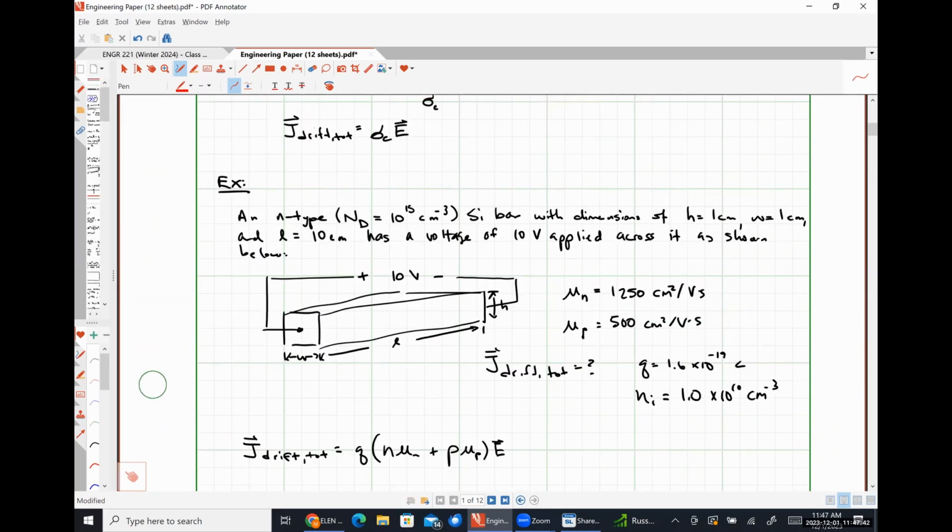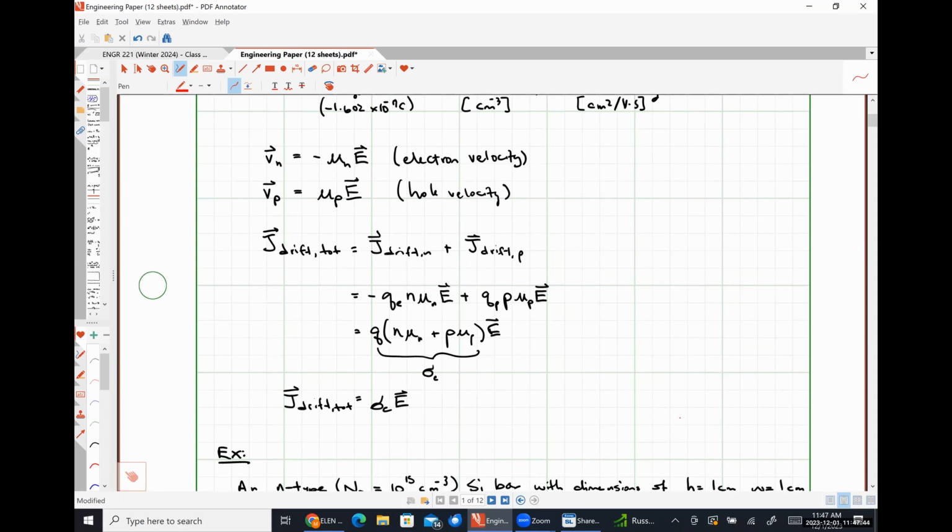So drift current density, way back here. Okay. The charge of an electron is a negative quantity. We have this negative sign here so that our net drift current is all flowing in the same direction.